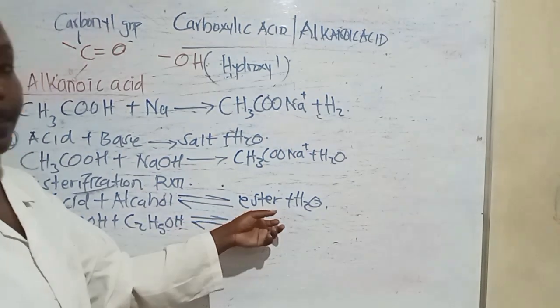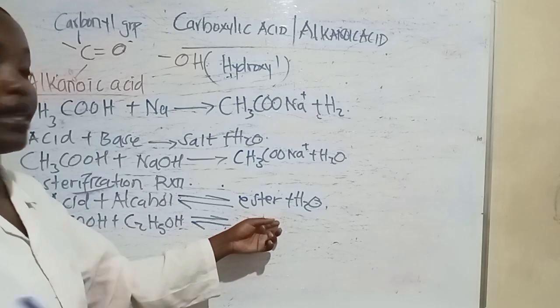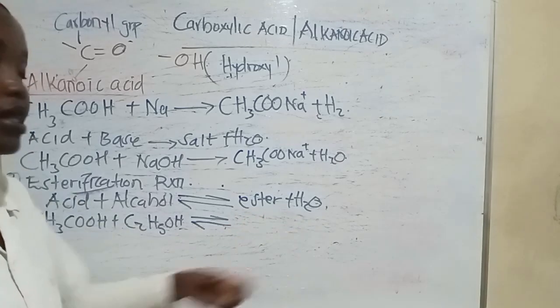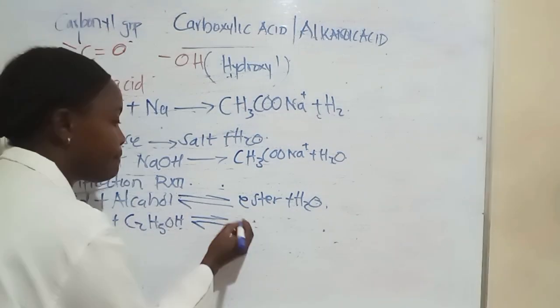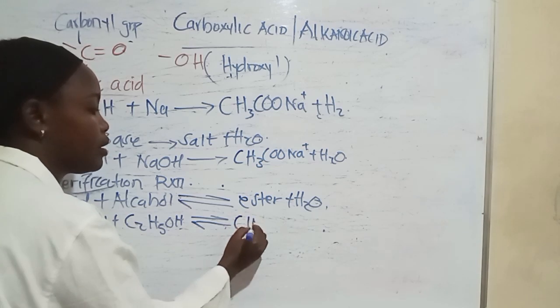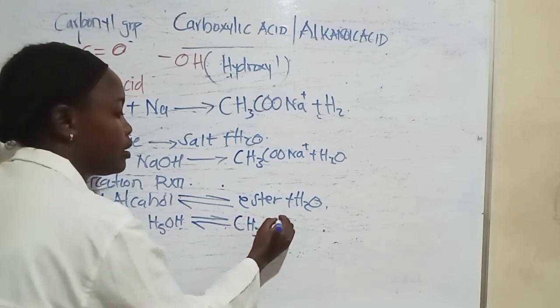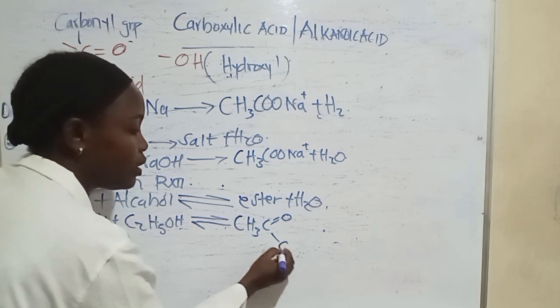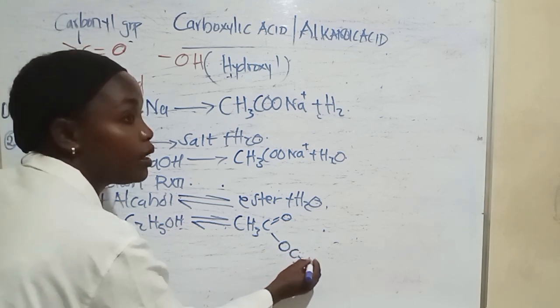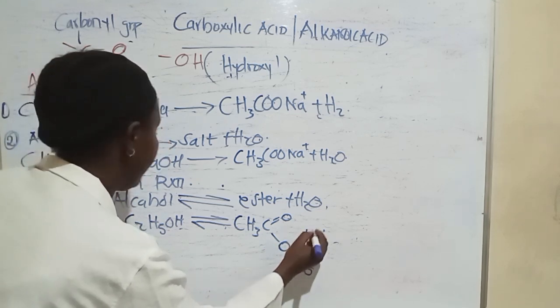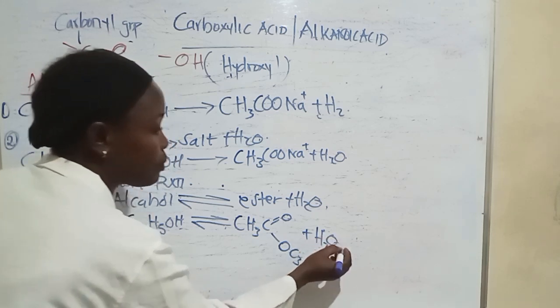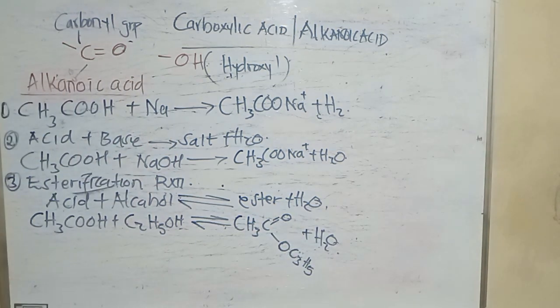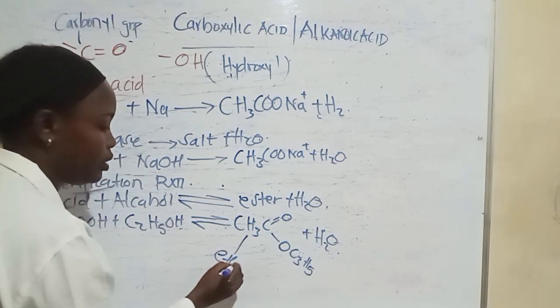We're going to form an ester that we are going to call ethyl ethanoate and water. So how do we write ethyl ethanoate? So this is what we call ethyl ethanoate.